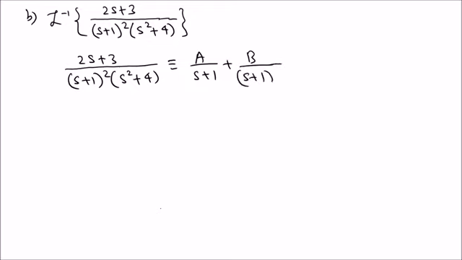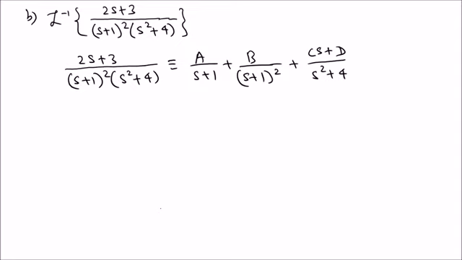That's how we do it. And then plus B over s squared plus 4... B has the exact same format as A when they repeat, but here that's not the case. This is an irreducible factor, so we write Cs plus D. That's how we write it.